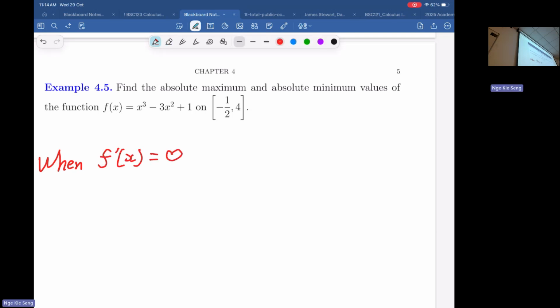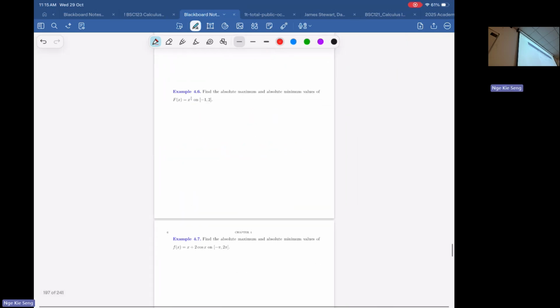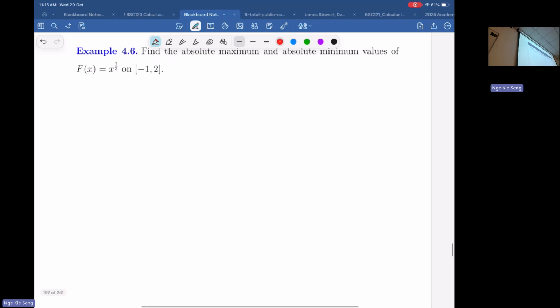Because it is a polynomial, it's always differentiable as well. So go and find where this derivative achieves 0. So you get 3x squared. Hey, sorry, this is what we did. No wonder it feels very familiar.